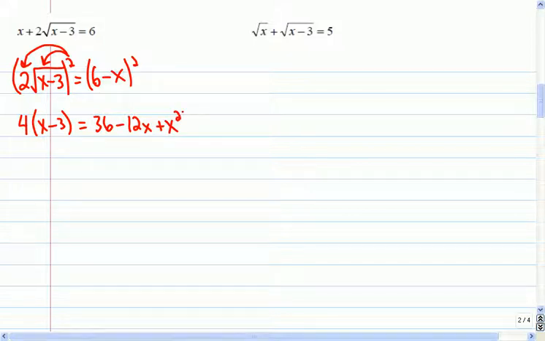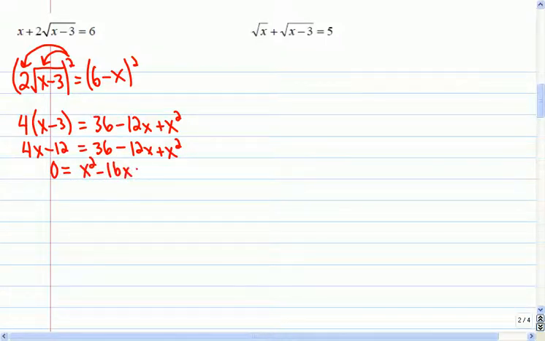So then that means I'll have 4x minus 12 equals 36 minus 12x plus x squared. And if I collect my like terms to solve this, I'll end up with x squared minus 16x plus 48.